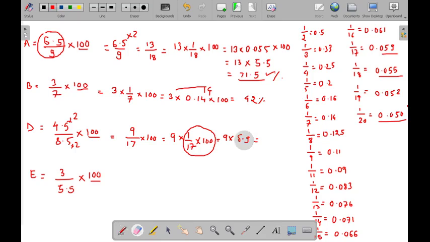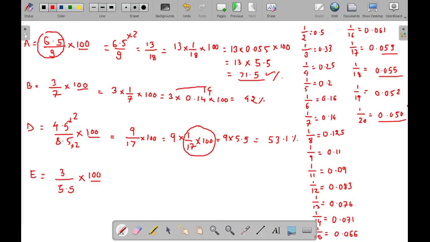I'll just write it more clearly. This will be 9 into 5.9, which is 53.1%.